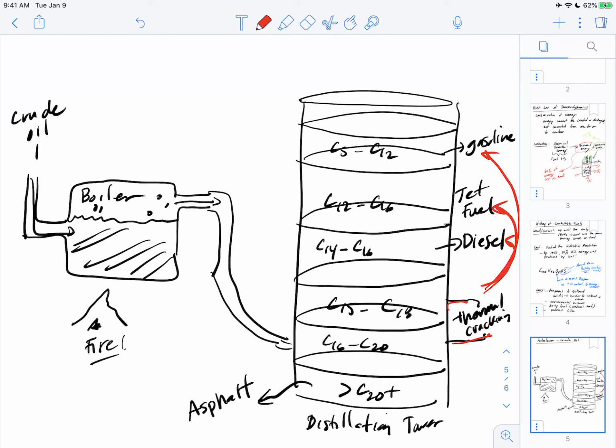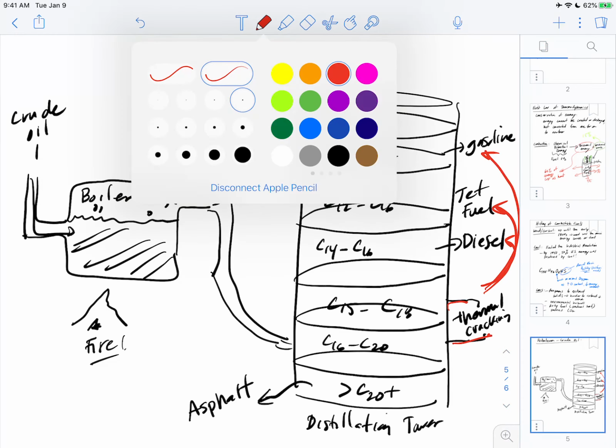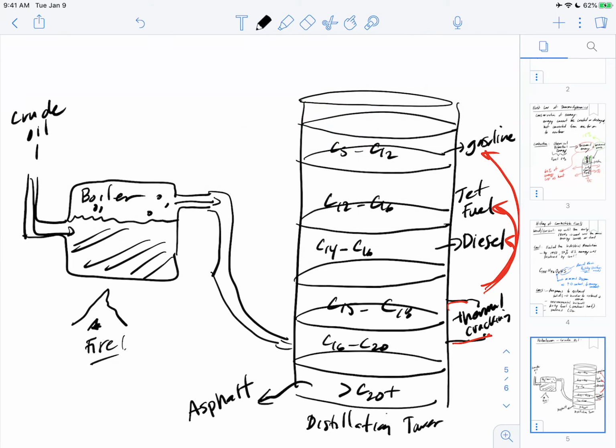So we really want them to be diesel, jet fuel, or gasoline. And then what we find at the very top of this column is the C1 through C4. They call them refinery gases. And now, C1 is methane.